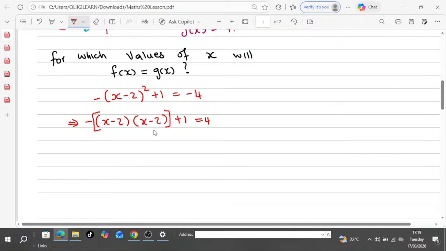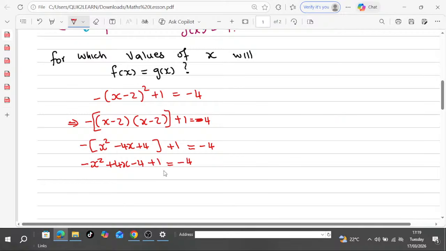So now we got x squared minus 4x plus 4. Then this is plus 1, which is equated to minus 4. So we multiply out the bracket with the negative. We have minus x squared plus 4x minus 4 plus 1 is equal to minus 4.